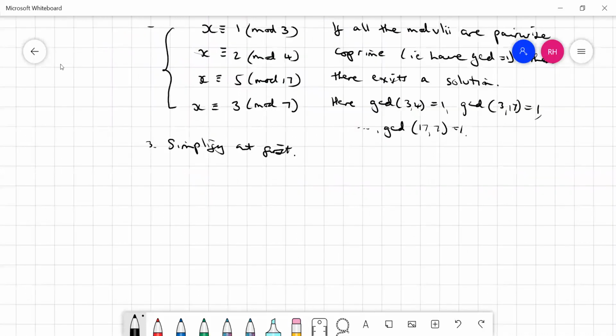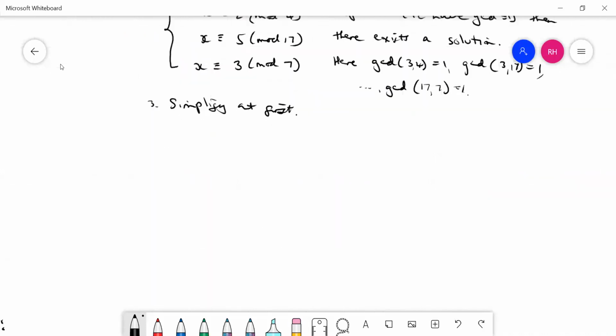So how could you simplify? Well, there are 2 ways that come to my mind. One is primes rather than prime powers. Maybe, but the other way is that you could let k equal 1 or 2.